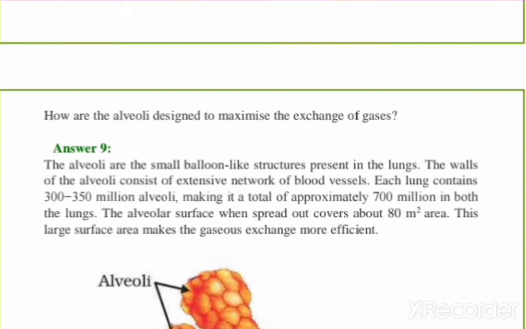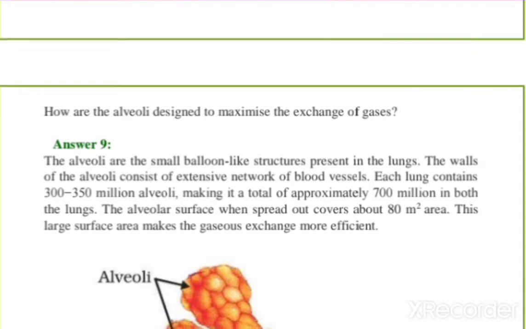These blood vessels are very important because they help in the exchange of gases and increase the surface area during respiration. Each lung contains 300 to 350 million alveoli, making a total of approximately 700 million in both lungs.